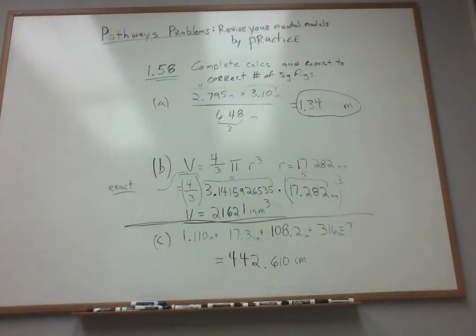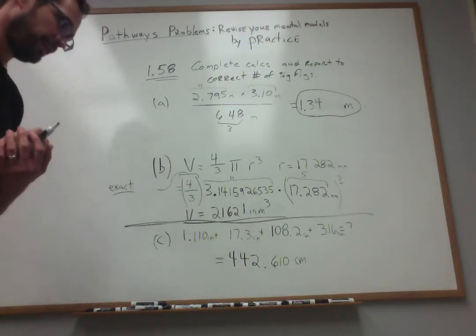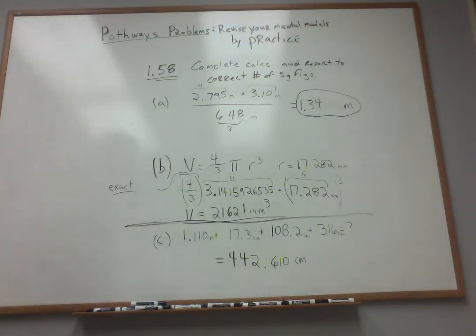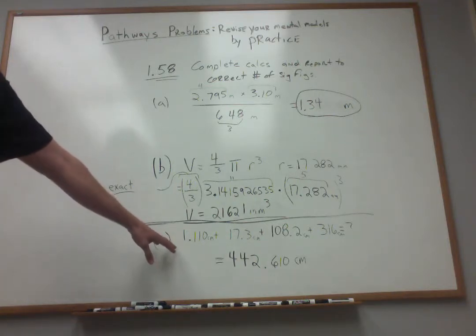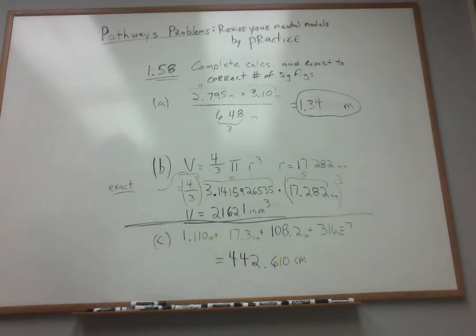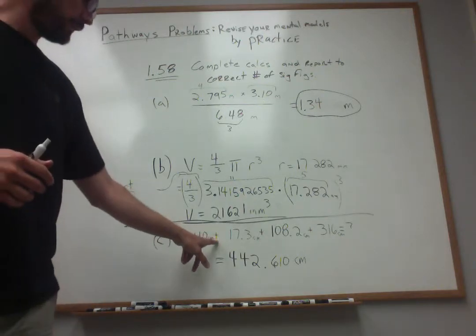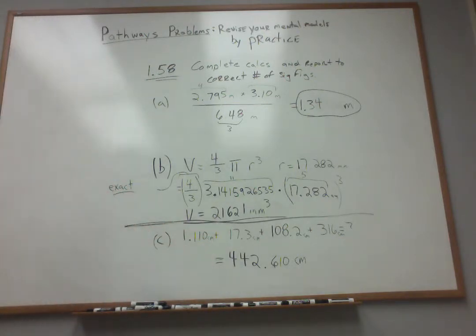Now, is that our final answer? No, it's not, because again, we have not considered the effect of significant figures on this value, or how many sig figs we should report. Now, this computation is very different than the ones we talked about so far. And the reason why, of course, is this is an addition operation. The rules for addition and subtraction are not the same as the rule for multiplication and division.